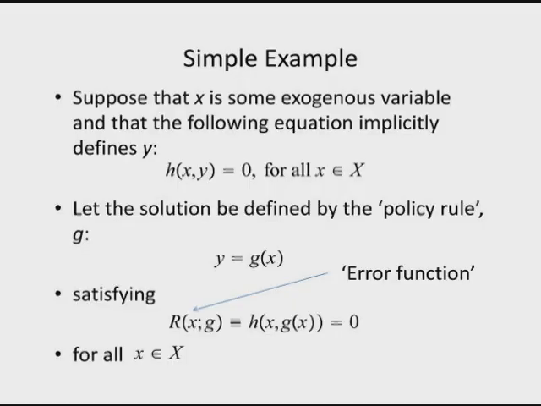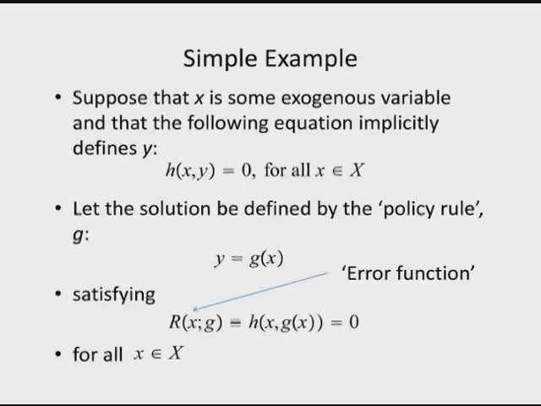So let's imagine that we have some kind of a function h, which is a function of two variables, x and y, and we imagine that that equation implicitly defines y as a function of x.